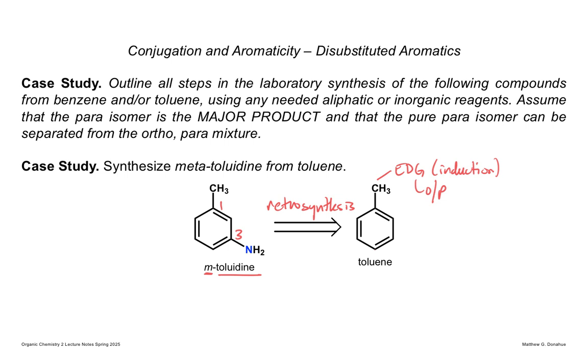So I want to just highlight this hydrogen. In toluene, it's a hydrogen. In metatoluidine, it's a hydrogen. But we learned reactions where we can stick something on, and then we can remove it. So because that methyl group is ortho-para directing, we're going to take advantage of that. We're going to put something at the para position to block it.